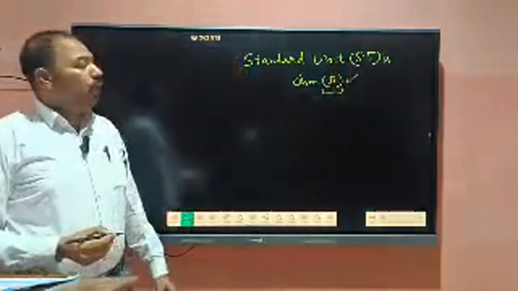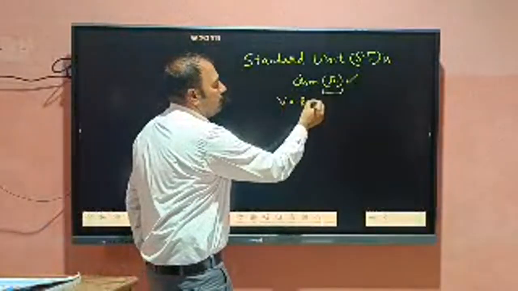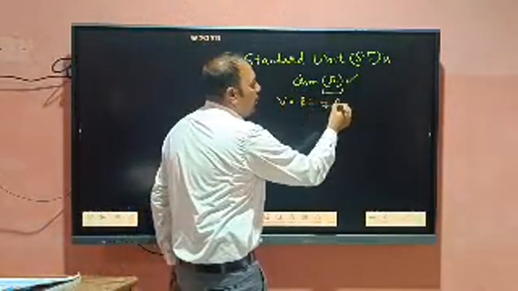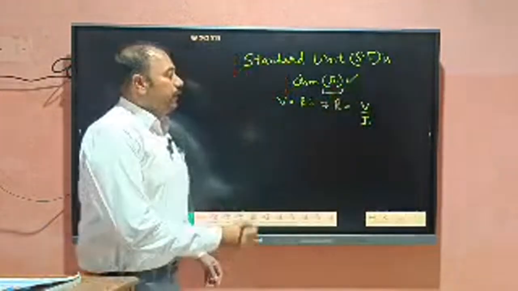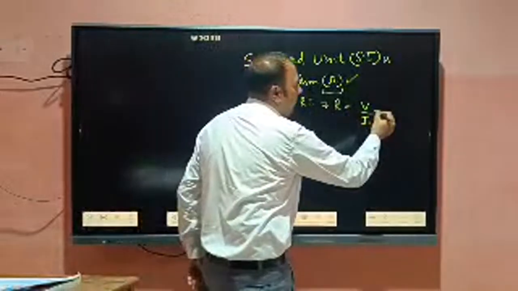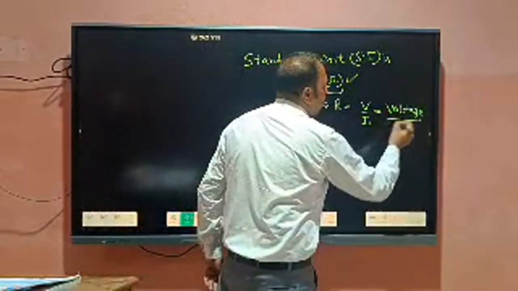And what is the formula of resistance? V is equal to RI. So here R is equal to V by I. R is resistance, V is voltage and I is current.